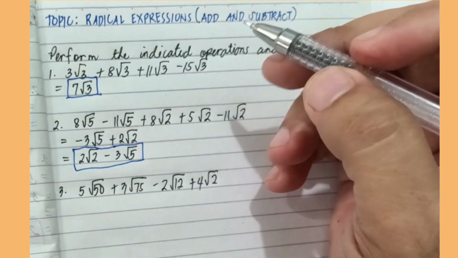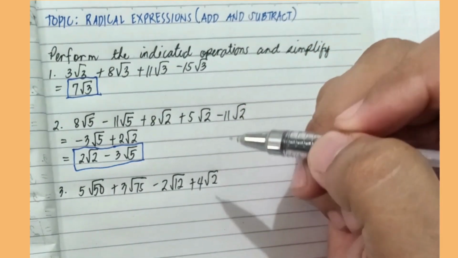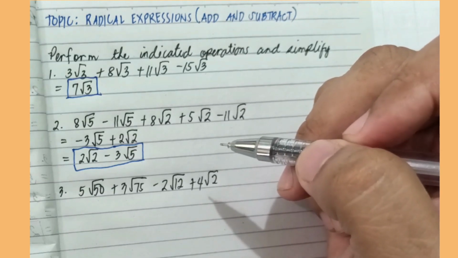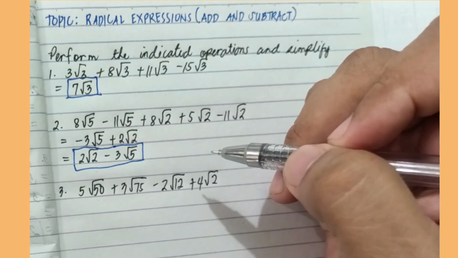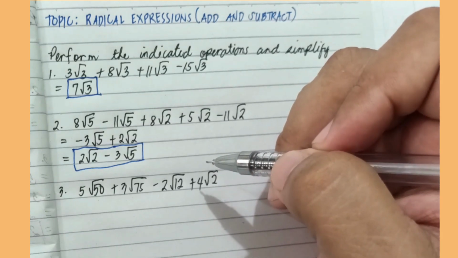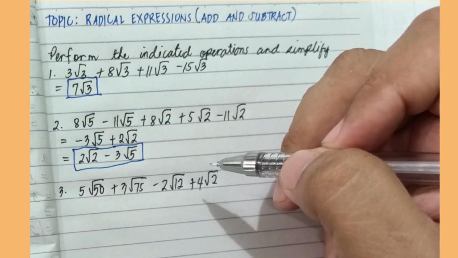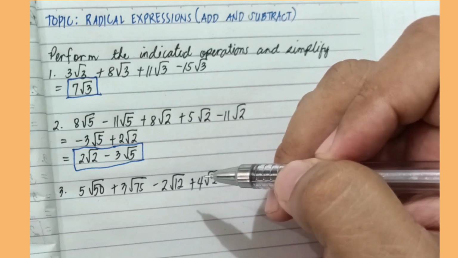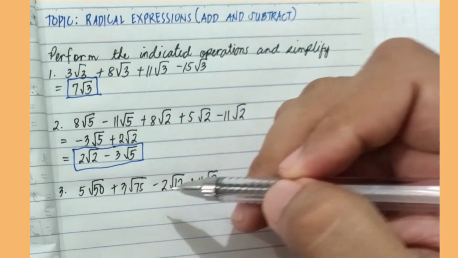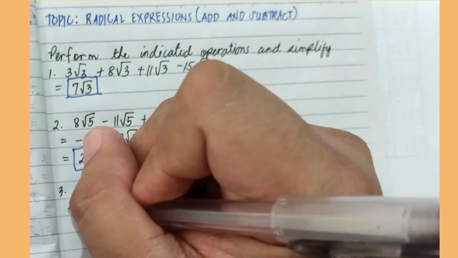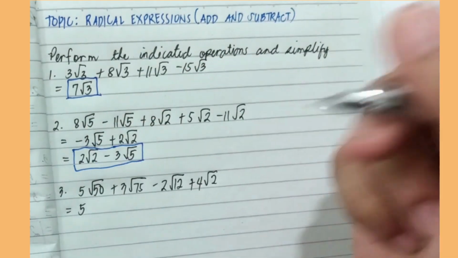If we're going to check further the given expression here, we could not add them all together because they don't have the same radicand, although they have the same indices. But take note, the other terms here can be simplified, like square root of 50, square root of 75, and square root of 12. So we're going to factor them.